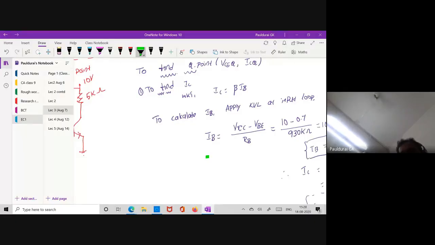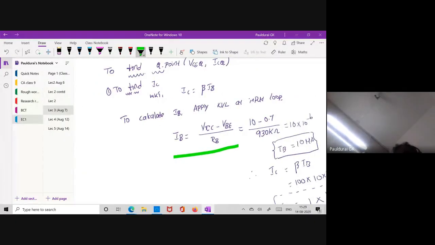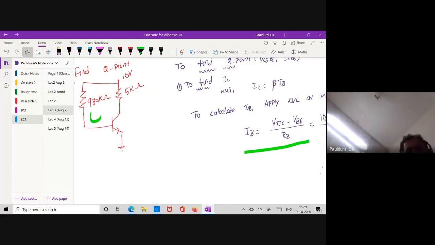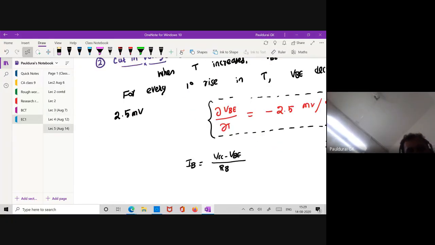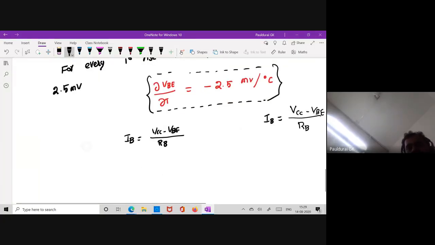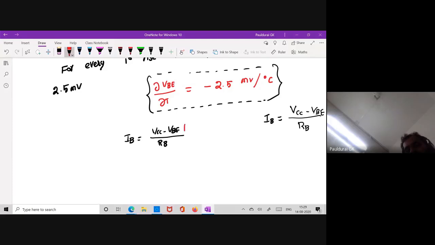Can you see this? To calculate IB, we applied KVL at the input loop and derived IB equal to VCC minus VBE divided by RB. Now, if VBE decreases, what will happen? VBE decreases when temperature increases. If VBE decreases, what will happen to IB?